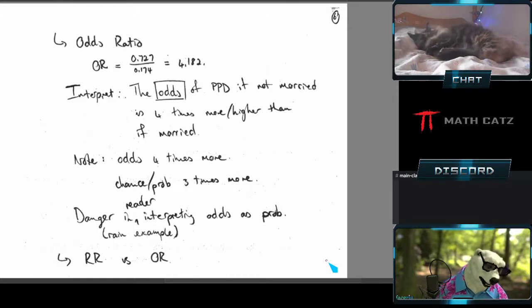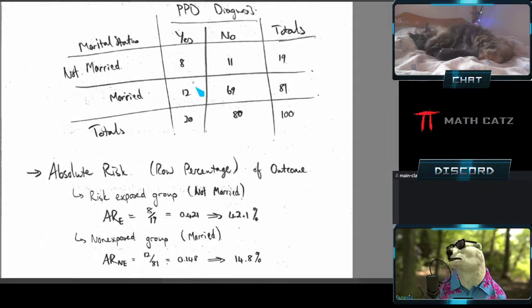I know this one has been a little bit longer, but there's a lot of things happening here. In the relative risk to odds ratio debate, I have to really be aware of it, especially when the effect of the risk is bigger. The odds ratio and the relative risk will not be close to each other.